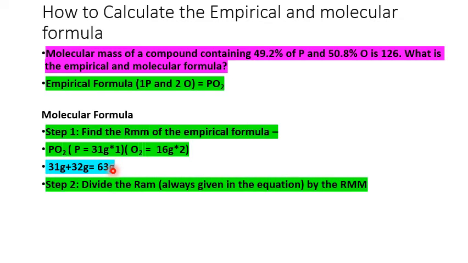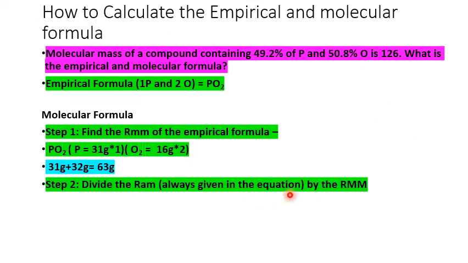That's our first step. The next step is we're going to be dividing the mass that they gave us for the compound, the overall mass that they give us for the compound, which is this 126 here. They can either call it the relative molecular mass, or the molecular mass, or they could tell you it's the RAM.